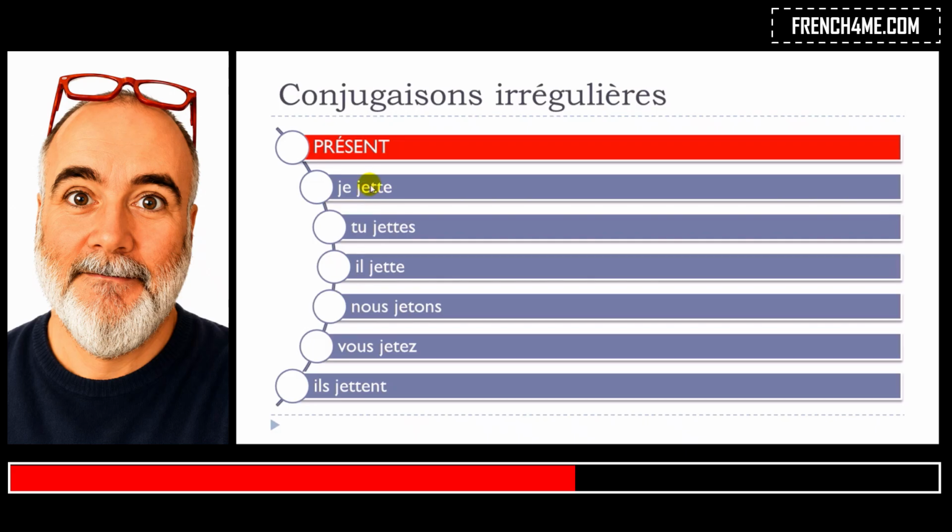Normally you should have only one and then you will double it. By putting two t like that, it will open the sound of this e, so you will get jette. Je jette, tu jettes, il jette, and then here you don't touch it, jetons, vous jetez. And then back to the change, ils jettent. So you double this letter t here.